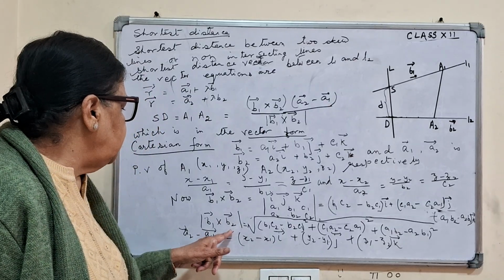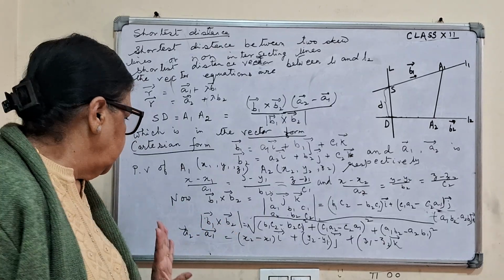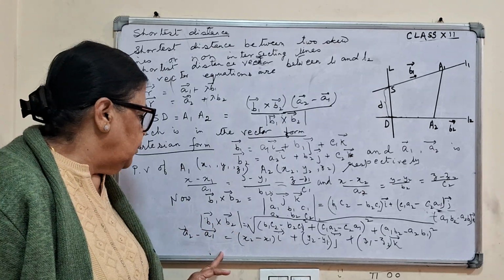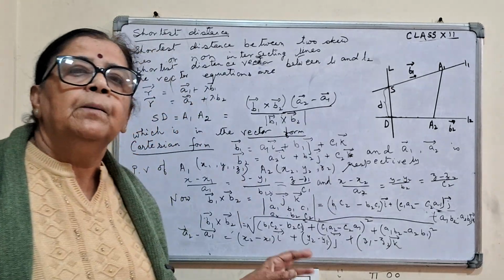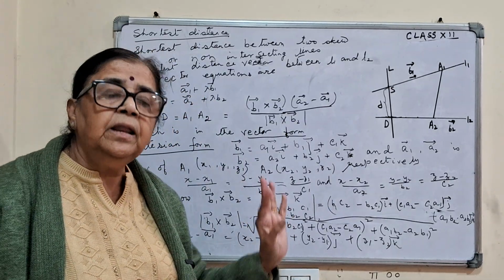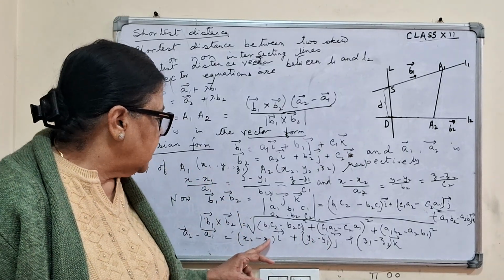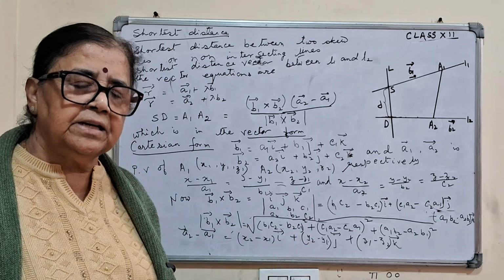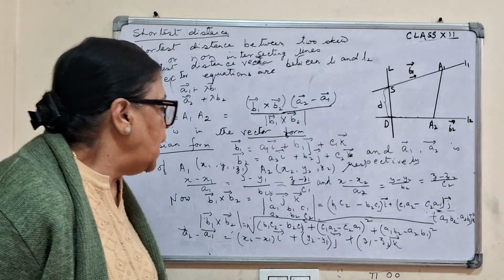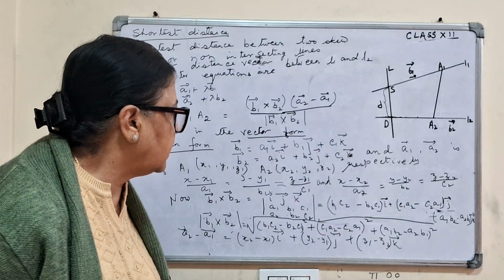So I have got the modulus of B1 cross B2. Now A2 minus A1, for the two lines passing through x1 y1 z1 and x2 y2 z2, is x2 minus x1 i cap plus y2 minus y1 j cap plus z2 minus z1 k cap.